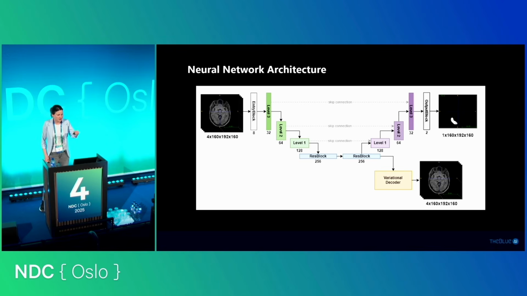So each of these blocks has additional layers. If you're interested in that, I will share a link at the end of the presentation. But just in very short, to explain how an encoder-decoder architecture looks like. It relies on the mechanism in which we have our input, in here the 4 channels that we have.